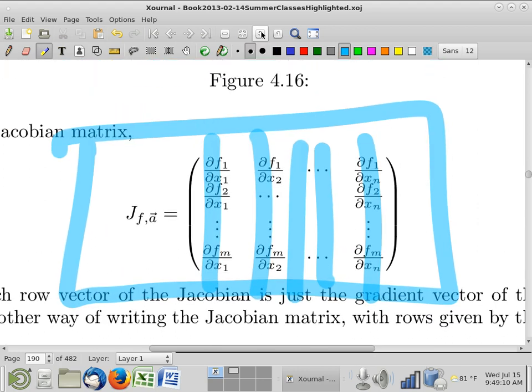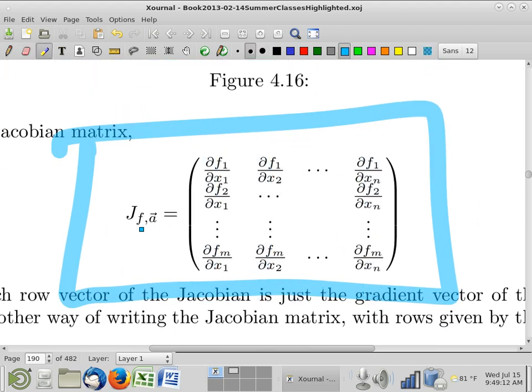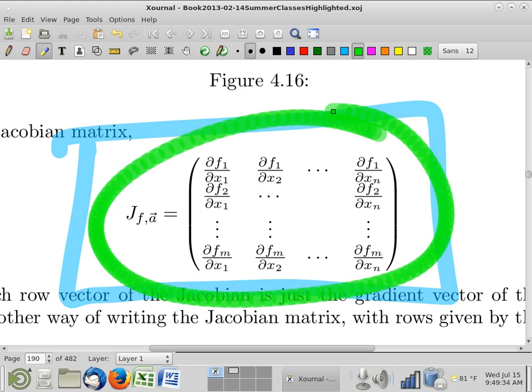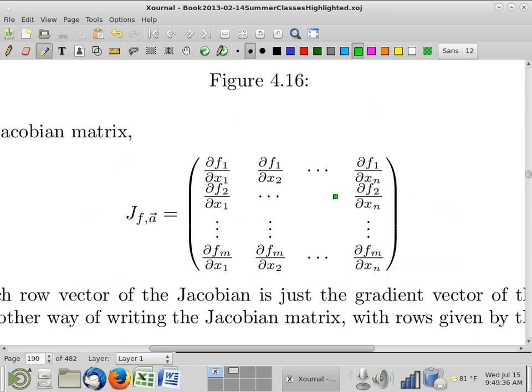So if you'll notice here, this first column, for example, is all partials with respect to a single input variable. So loosely speaking, columns correspond to input variables. So we can now make another kind of cool observation: having assembled the Jacobian matrix like this, let's look at a row.